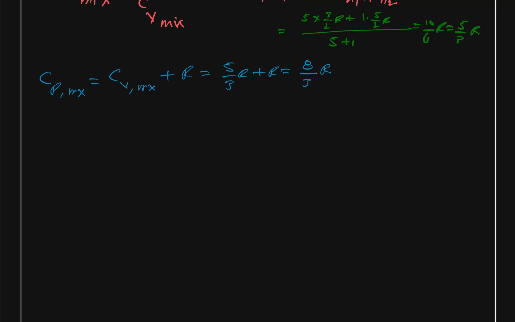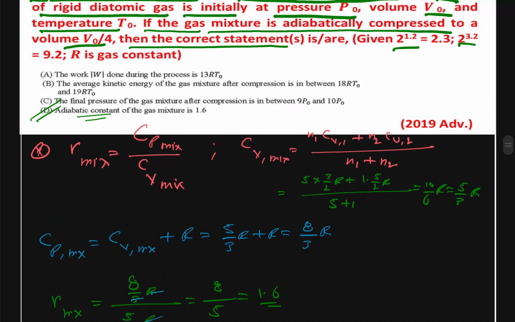So we get gamma for our mixture as C of P, that is 8 by 3, over 5 upon 3 R. And here the R and 3 cancel out, so this will be equal to 8 by 5, giving us 1.6. So option D is correct.